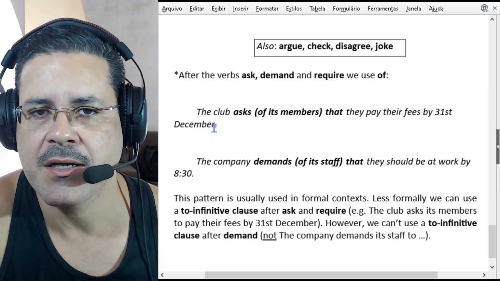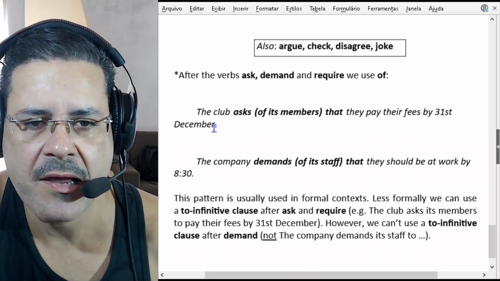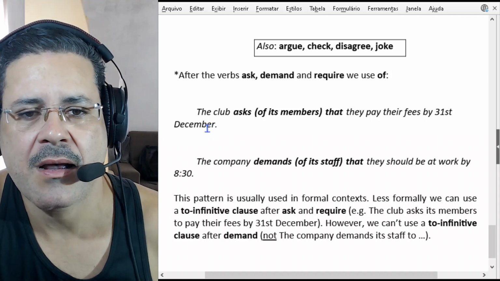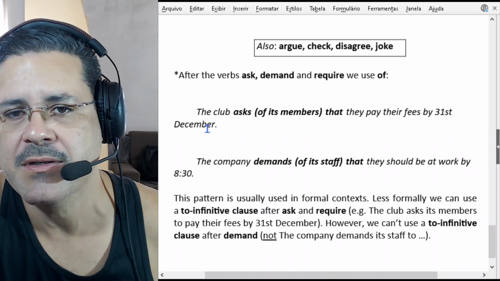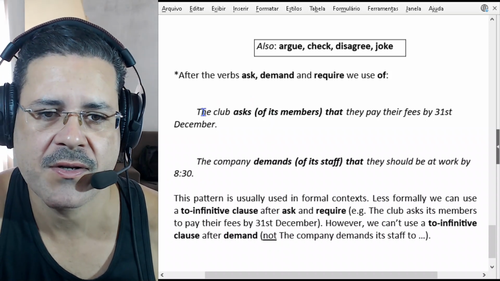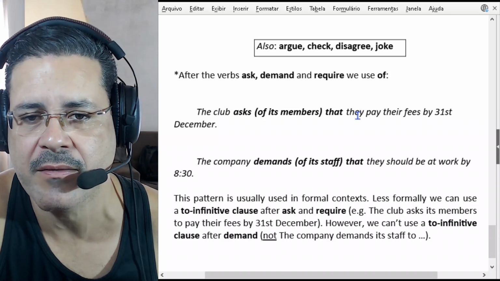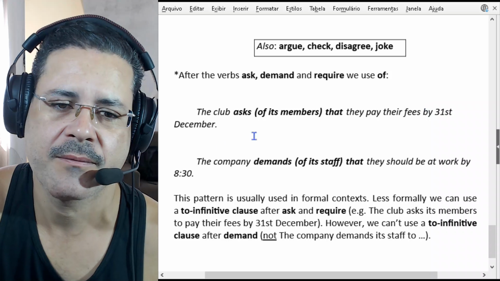Asked about date of payment, he or she was like, the club asks of its members that they pay their fees by the 31st of December. But we might also say the club asks that they pay their fees by the 31st of December.